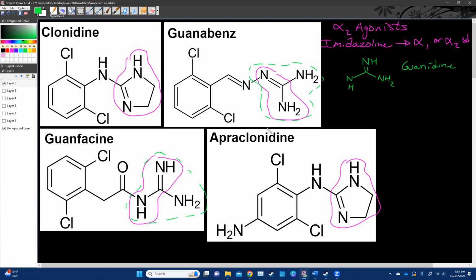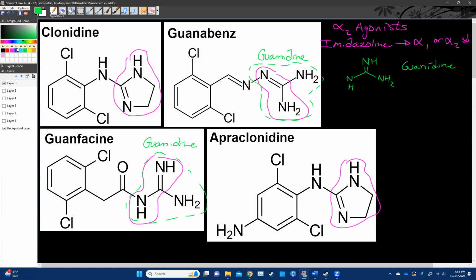The guanidine appears to be just as good at selecting for alpha as imidazoline. So whether you have the guanidine backbone or the imidazoline backbone, you end up getting similar results.